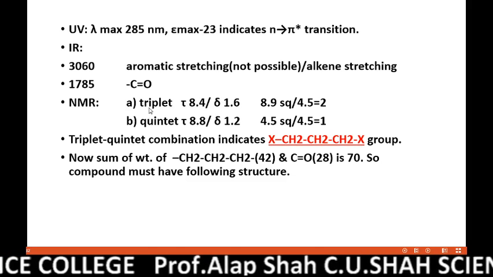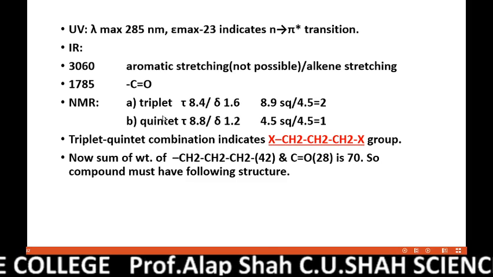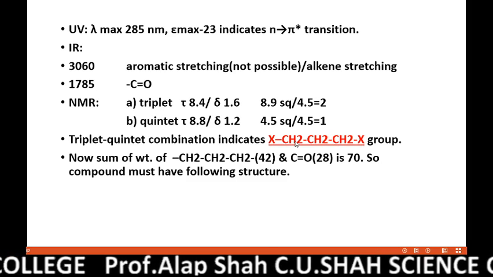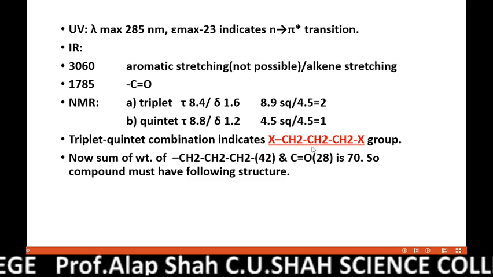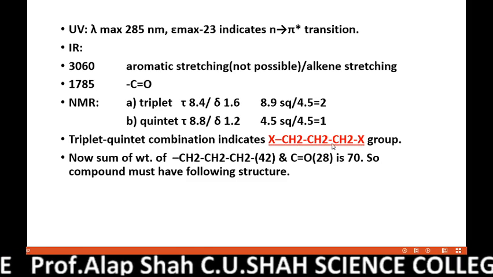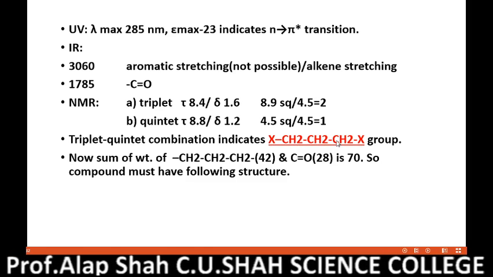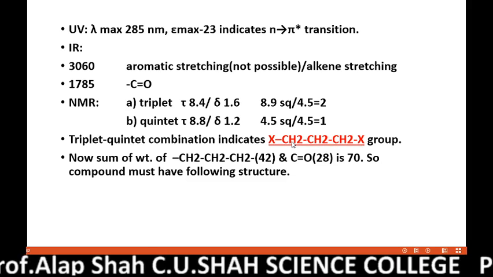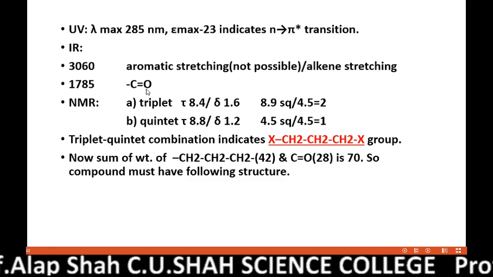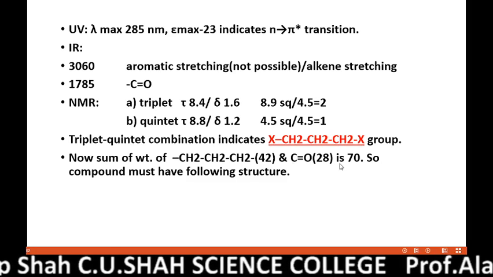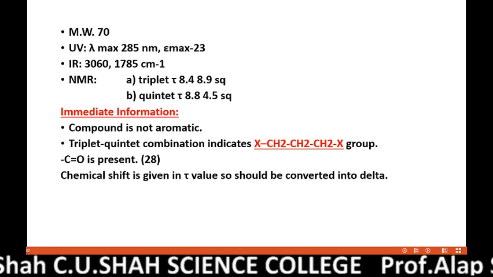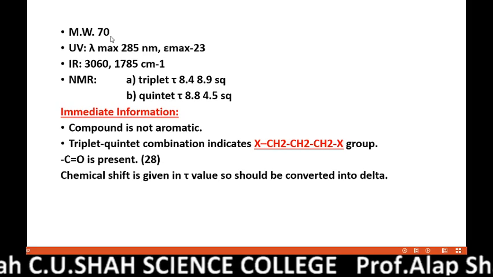And we already discussed triplet quintet, a very important clue, indicating this group, where at both ended carbons the same group is attached. So the weight of these three methylene is 14 each. 14 threes are 42 and carbonyl is 28. So 70 is completed, which is the molecular weight of this problem.